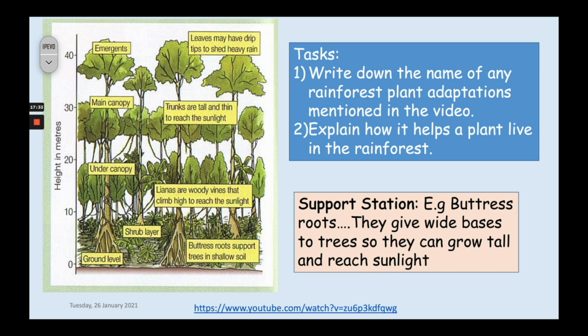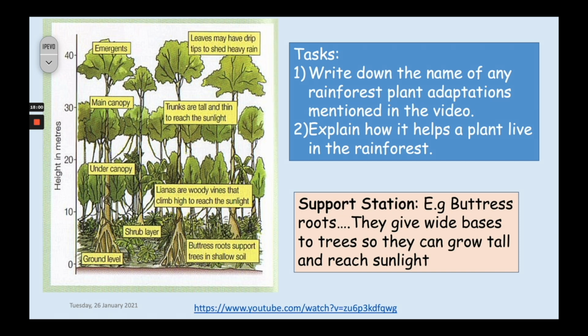So for example, buttress roots, which are these pyramidal roots which I mentioned the tallest trees in the emergent layer have. So an example, buttress roots, I've identified and written down the name of the adaptation. It's called buttress roots, but I've also explained they give wide bases to trees so they can grow tall and reach sunlight, because the under canopy and the shrub layer or the forest floor are very, very dark.